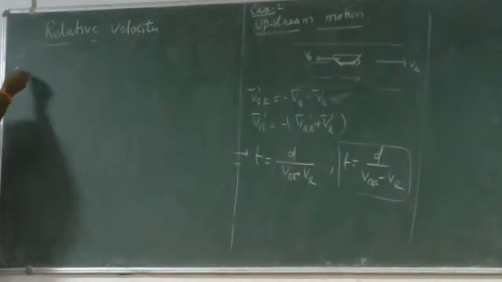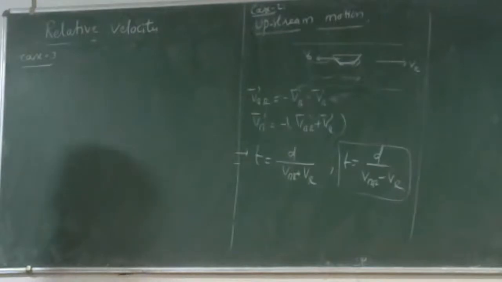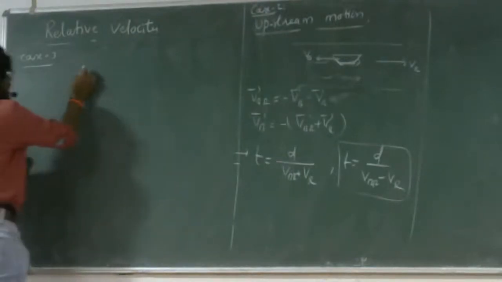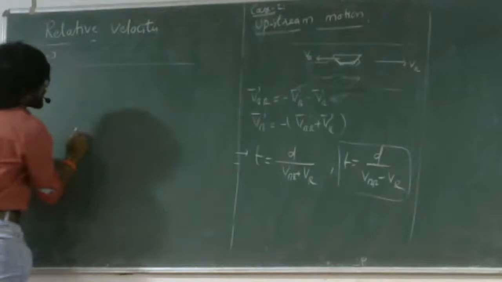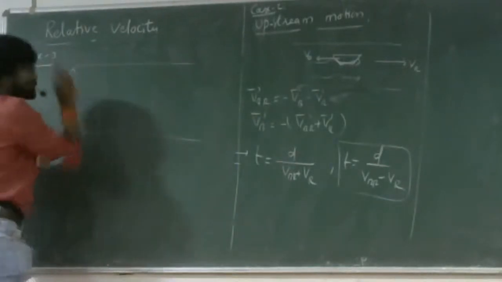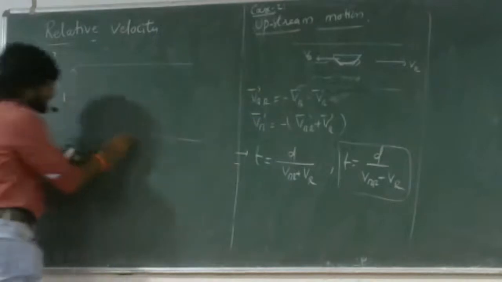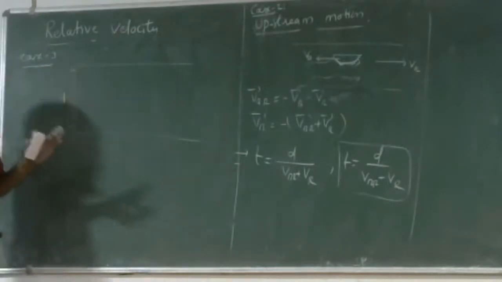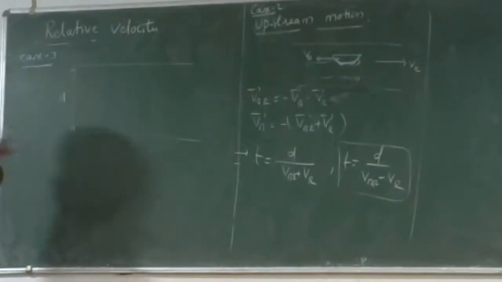Next, let's see the third case. That is a generalized case. What is this generalized case? If there is a river of width d, and a boat is trying to move, or you can say a person swimming across the river also you can consider.